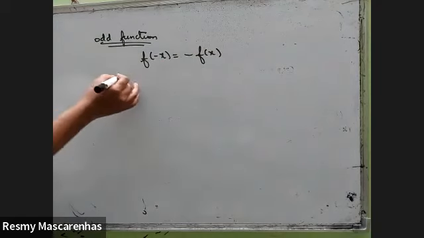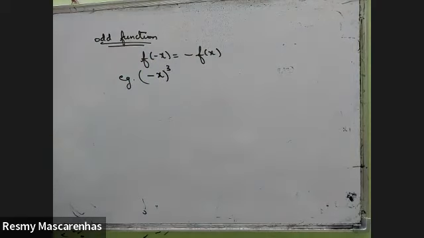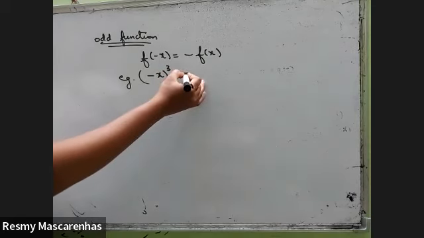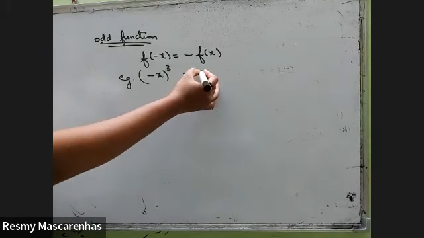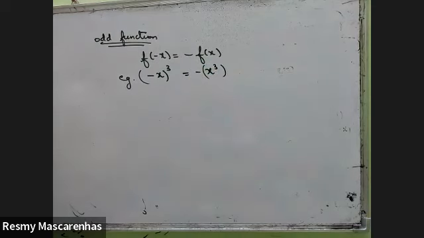An example is minus x cube. Minus of x cube will be what? Minus will come out. This is called an odd function.